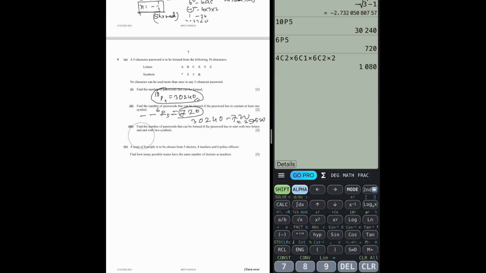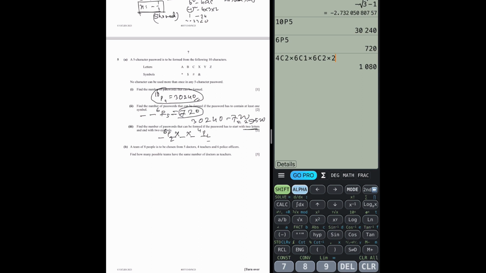These first 2 places will be filled with letters, so this can be 6P2, into the last 2 places will be filled by 4 symbols, so 4P2, and in the middle there is the rest of the space.